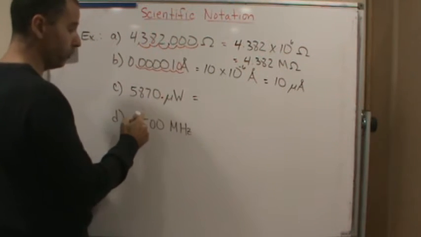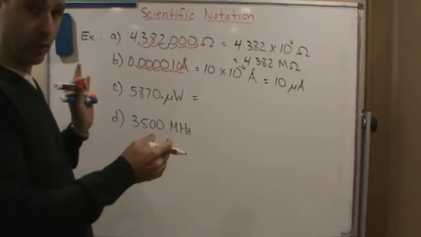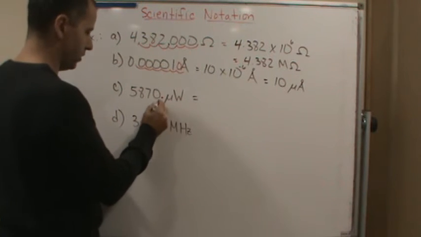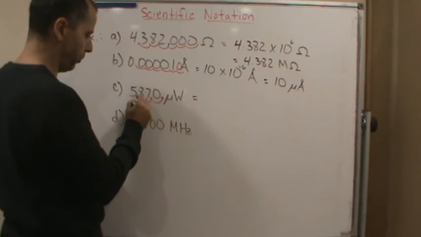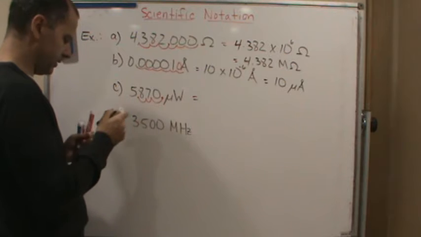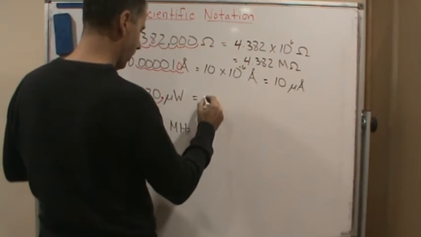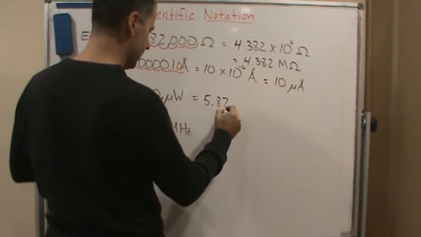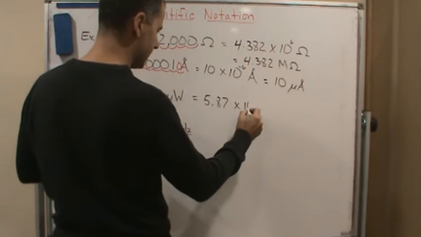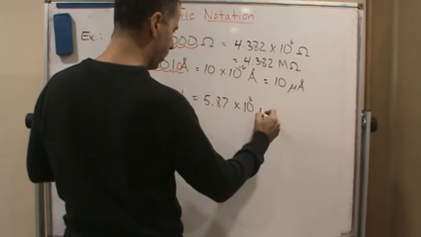So I need to move it over multiples of 3 until I get a number that's between 1 and 1,000. So 1, 2, 3, and I stop. Okay, so this is going to equal 5.87 times 10 to the third microwatts.